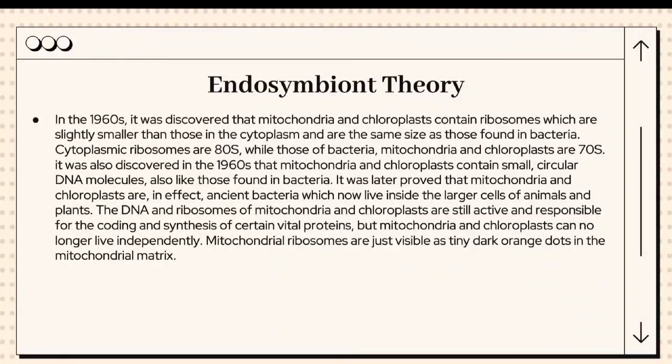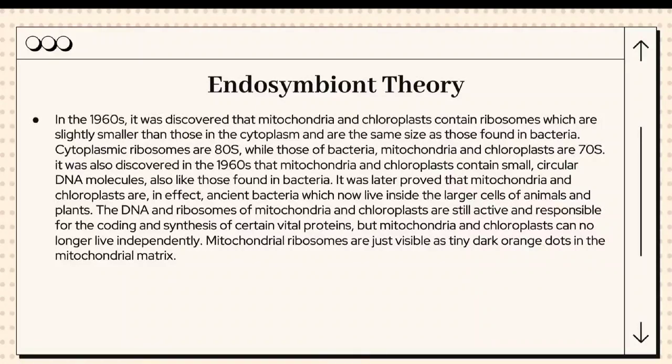In the 1960s, it was discovered that mitochondria and chloroplasts contain ribosomes which are slightly smaller than those in the cytoplasm and are the same size as those found in bacteria. Cytoplasmic ribosomes are 80S, while those of bacteria, mitochondria, and chloroplasts are 70S.